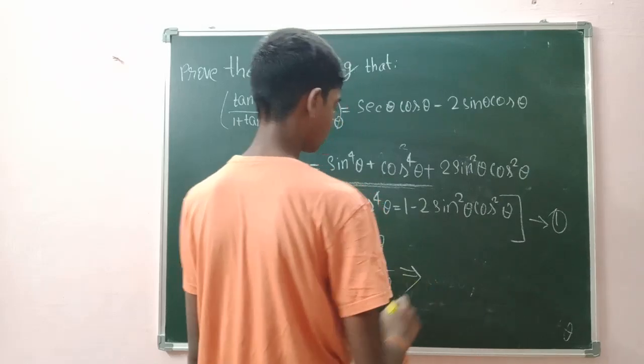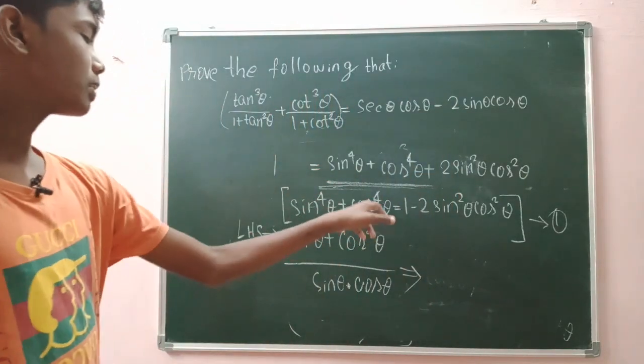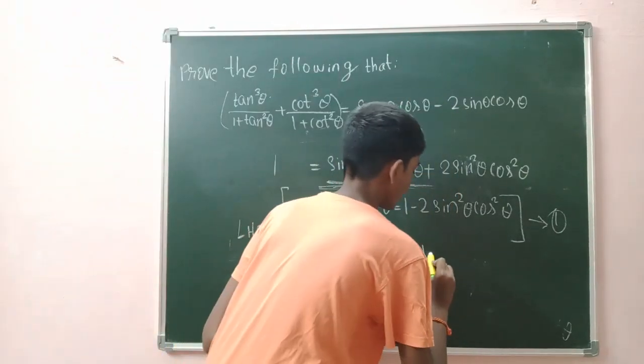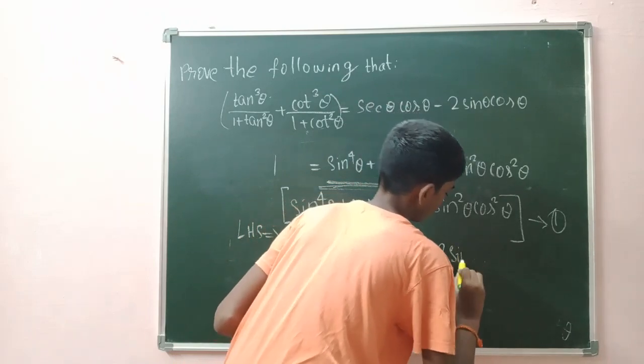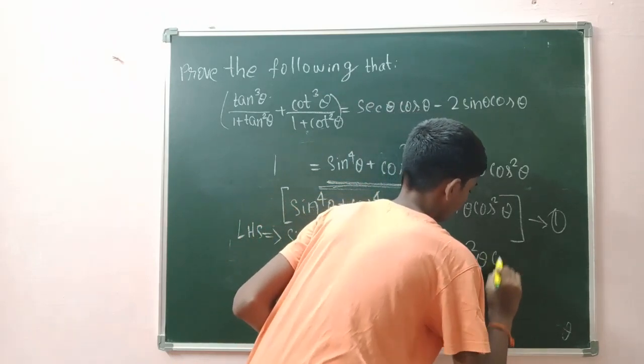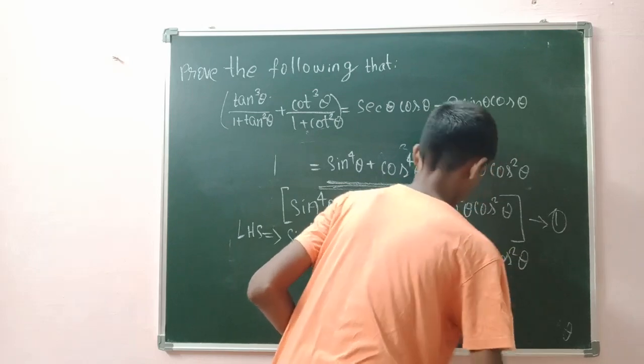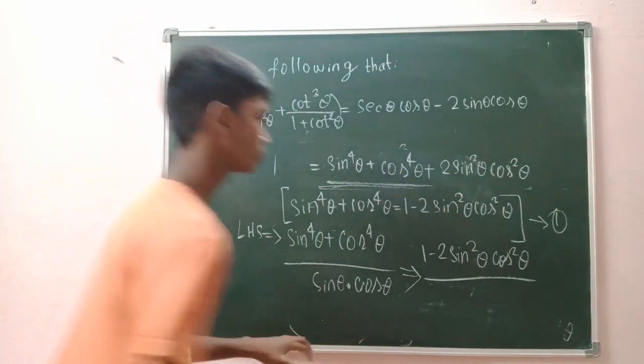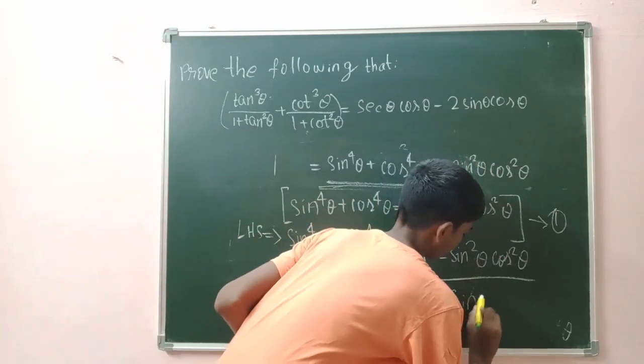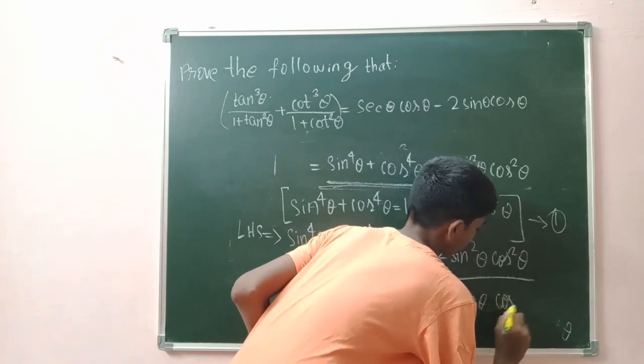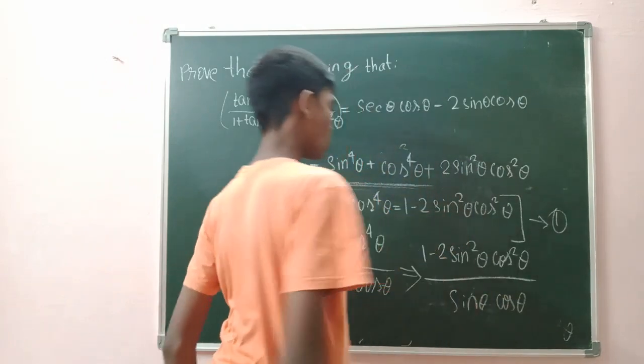Therefore, your LHS will be nothing but sin power 4 theta plus cos power 4 theta, which is 1 minus 2 sin square theta cos square theta, divided by sin theta times cos theta. Okay, wow. This is what I am having.